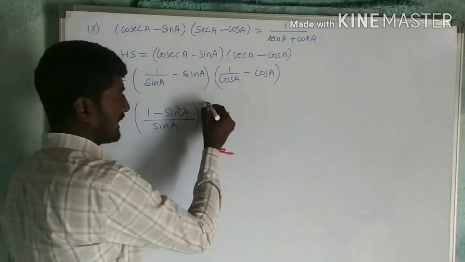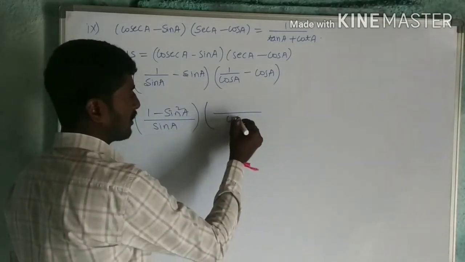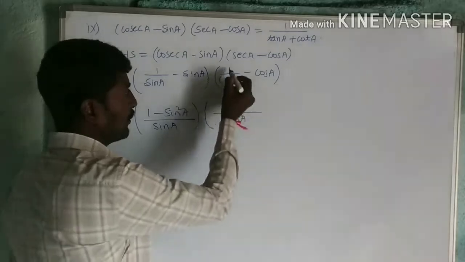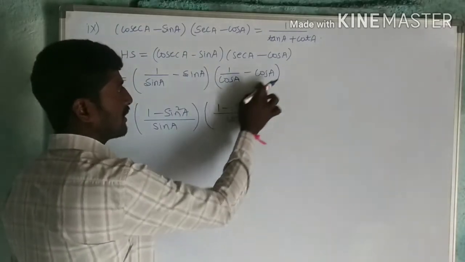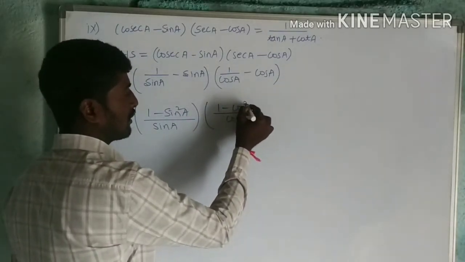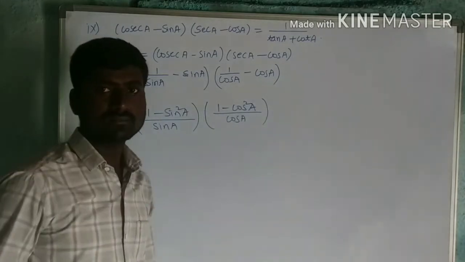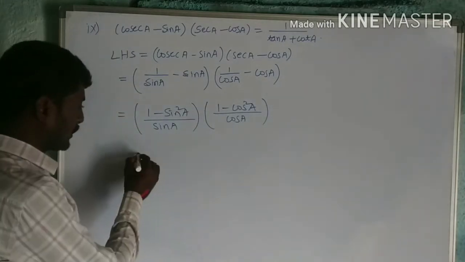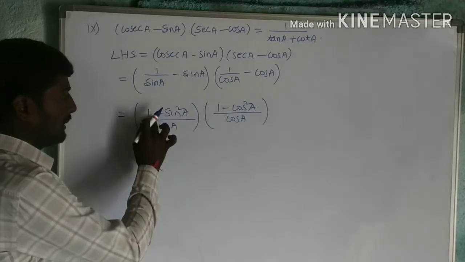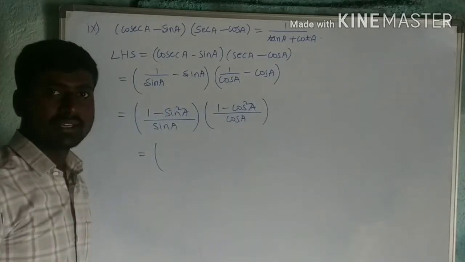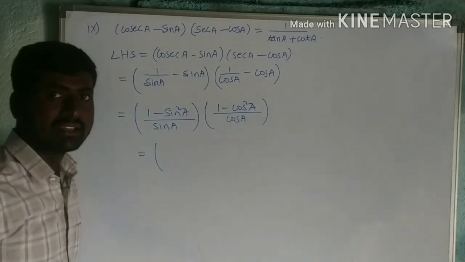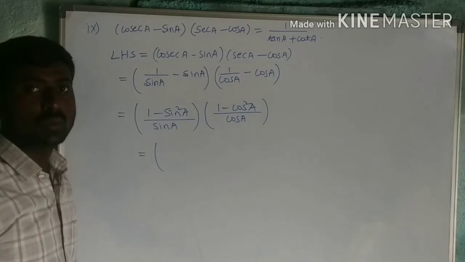Now for this bracket, here LCM will be cos a. 1 minus cos a multiplied here, that is cos square a. Now 1 minus sin square a can be written as cos square a, because of the identity sin square a plus cos square a equal to 1.